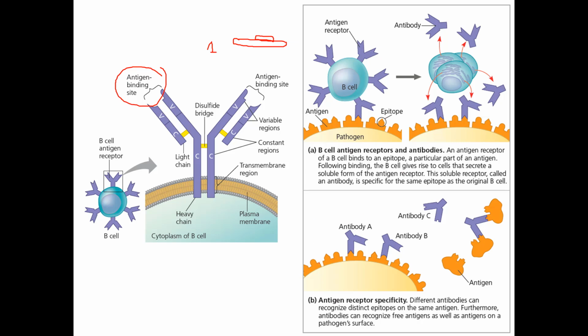There are various antibodies, say antibody A, B, and C. Antibody A will recognize only one particular kind of epitope, say this conical one. Antibody B, on the other hand, will recognize this circular epitope, and antibody C will recognize a different kind of epitope. So each antibody is very specific, and it will recognize only one particular kind of epitope.